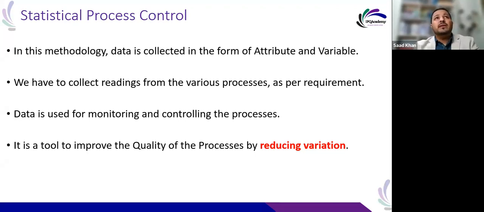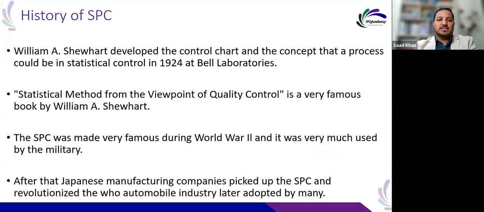Reducing variation is the main terminology widely used for control charts, but actually we are trying to control variation by using all kinds of tools. The whole idea is to improve the quality of processes by reducing variation. It can be expressed in different terminologies in different ways, but our concept and basic goal is to reduce and minimize the variation by using statistical process control.